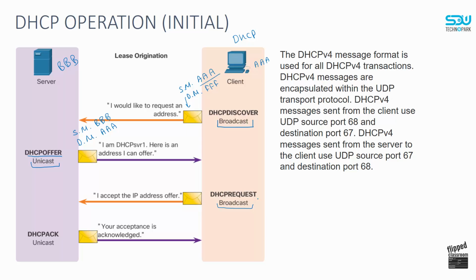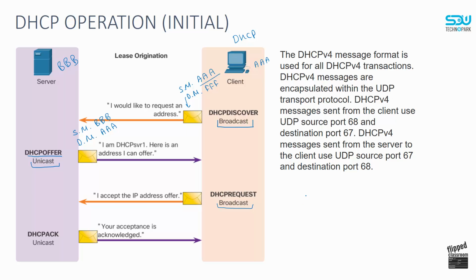It is done to tell all other DHCP servers, in case they exist in the network, that our client is going to work with the server which has the MAC address BBB. It is like a request for one server and a denial of the offers from other servers.